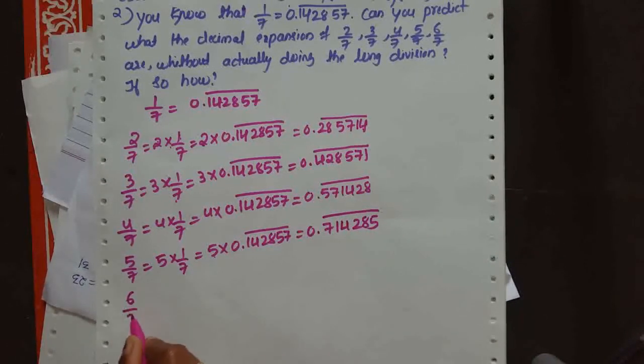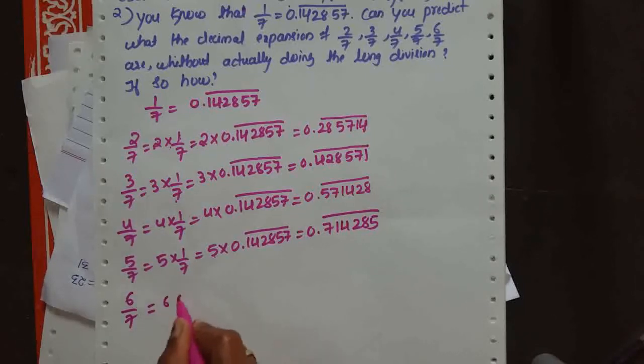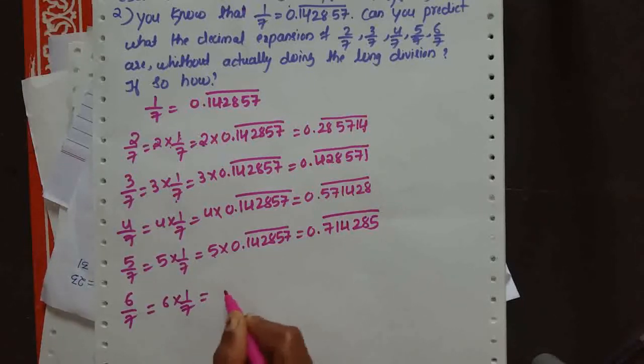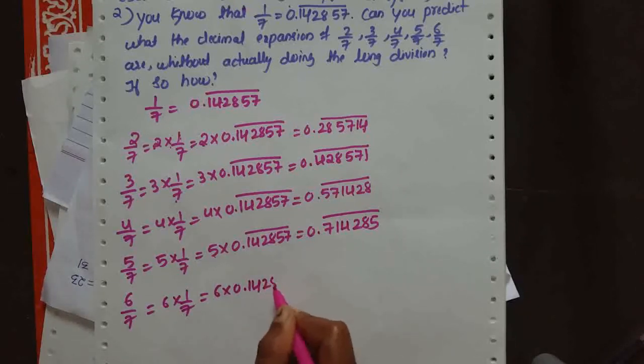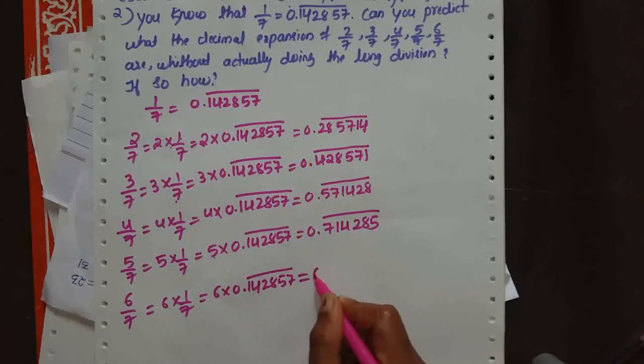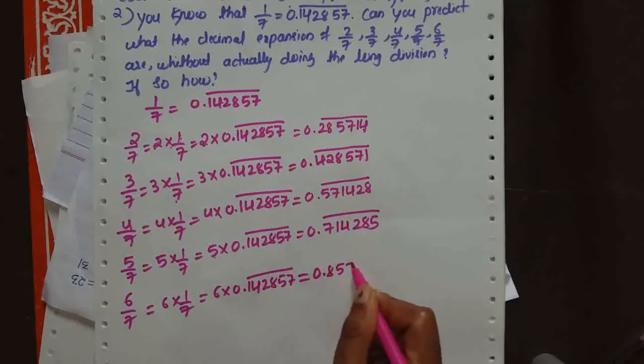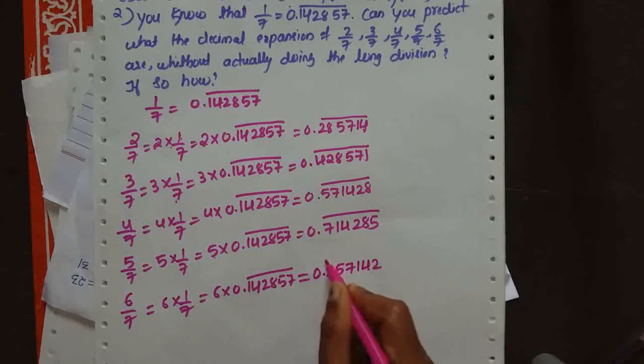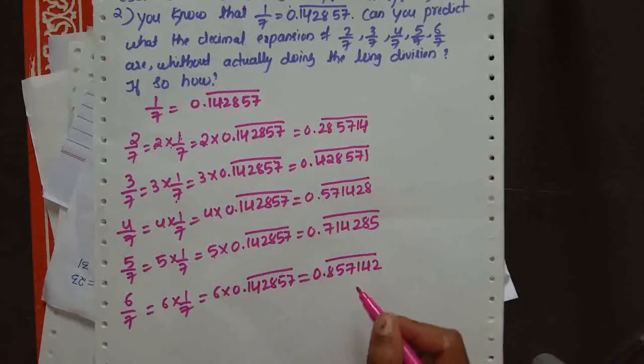Then 6 by 7. This is 6 into 1 by 7, 0.142857. On multiplying by 6, we will get 0.857142. So these are the values without actually doing the long division.